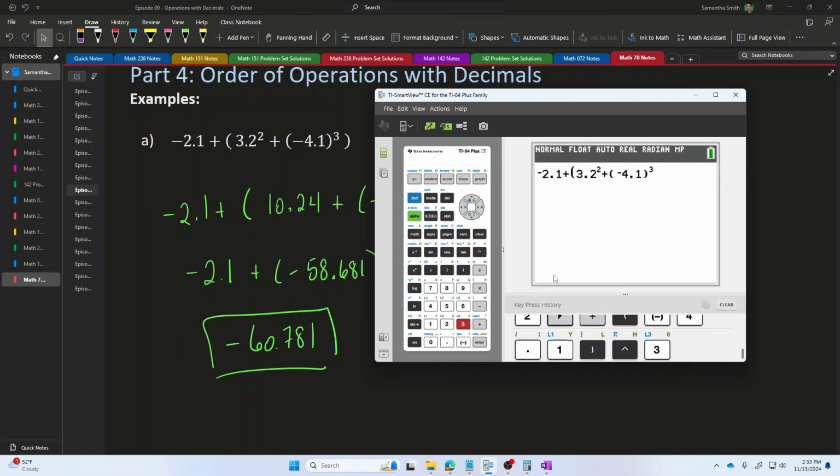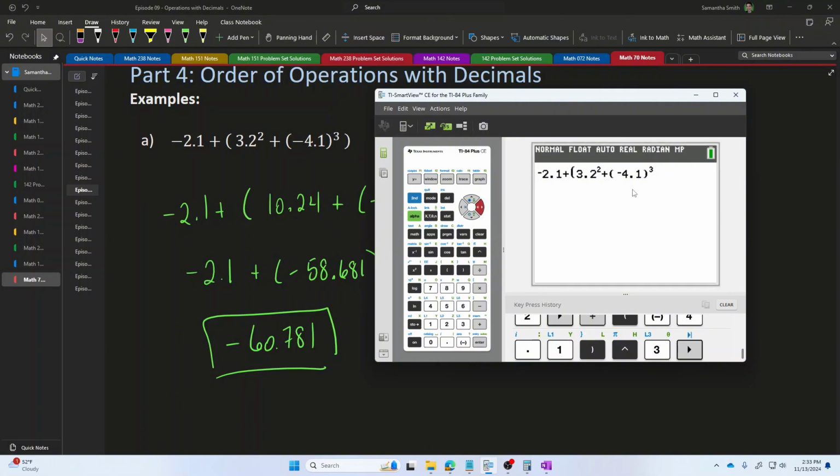Now, once again, my cursor is up here in the exponent next to 3. And I need to get out of that exponent to finish typing the last symbol in this expression, which is this final parentheses to close the expression.